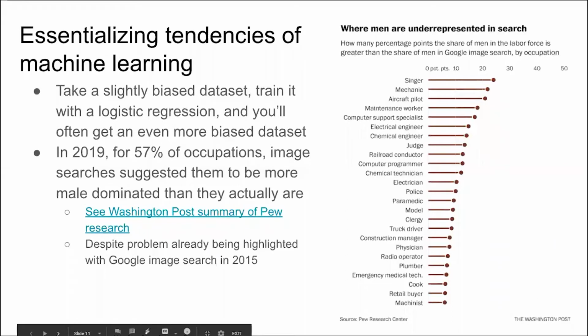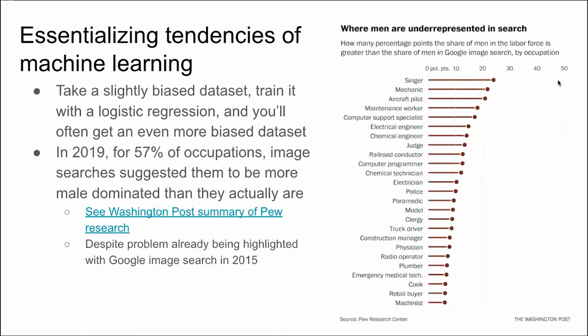So if you take a slightly biased data set, train it with a logistic regression or many other models, you'll often get an even more biased data set. So it's not just that machine learning models replicate bias, they tend to exacerbate it. For example, in this graphic I have taken from the Washington Post, researchers looked at the disparity between the actual share of men versus women in the labor force versus what appeared in Google image search.